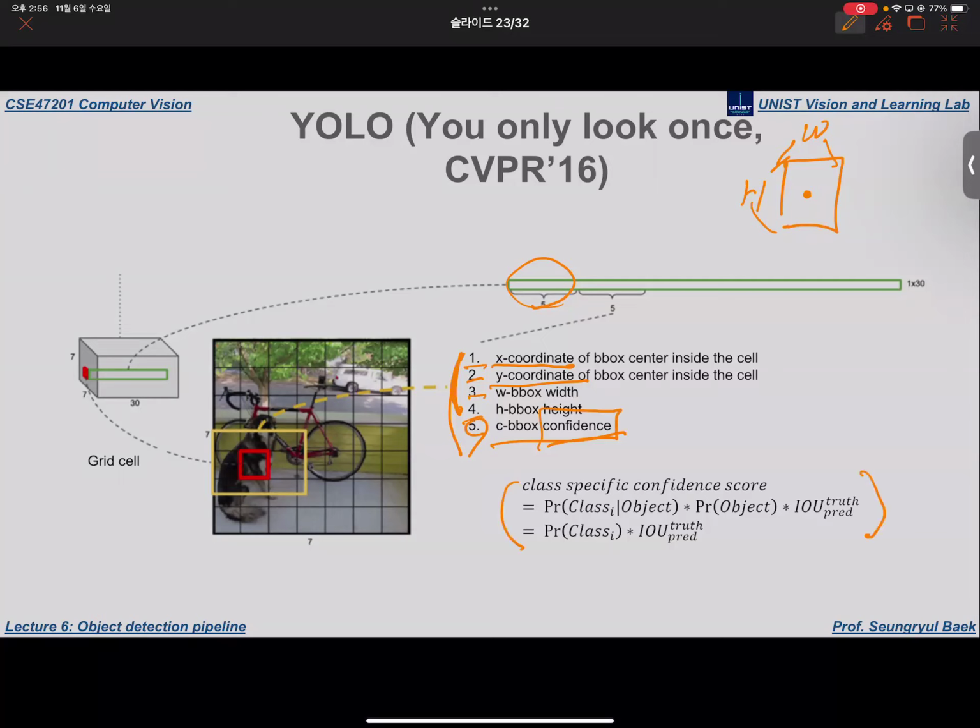The confidence value has a value from 0 to 1. We will first make the ground truth and then train this fifth dimension as well. But how to make that ground truth is denoted here.